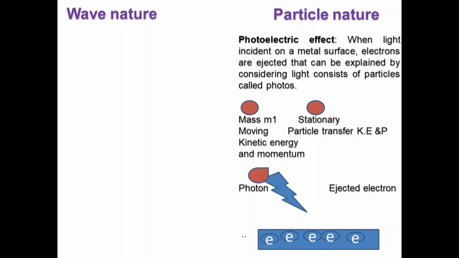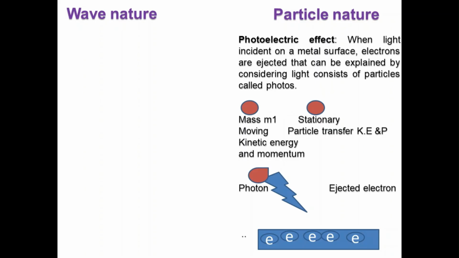Or in diffraction, bending of waves due to an obstruction or obstacle, or a narrow opening, will occur. That is the bending of light, diffraction. In the electromagnetic spectrum, we see only wavelength and frequencies, and that also explains wave nature. Particle nature is the photoelectric effect.